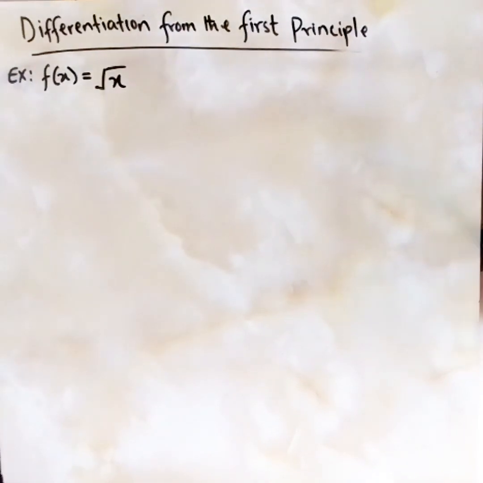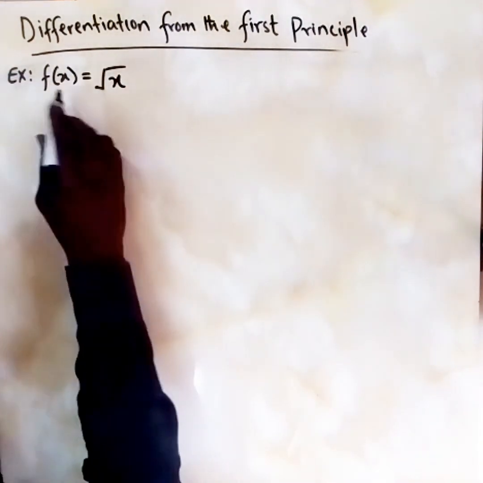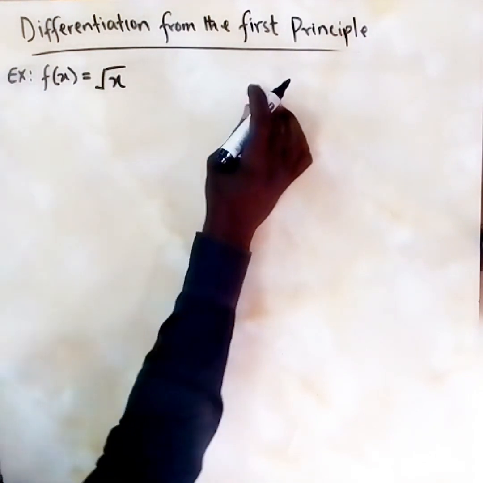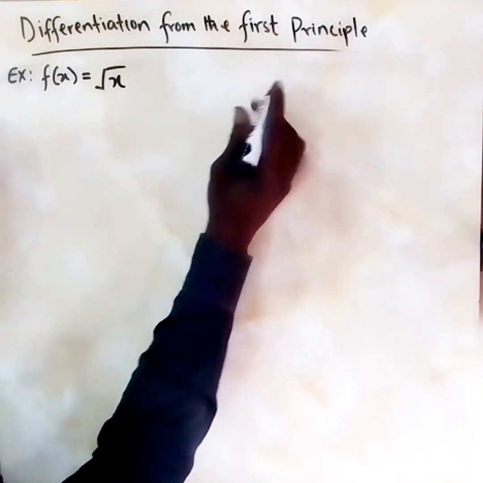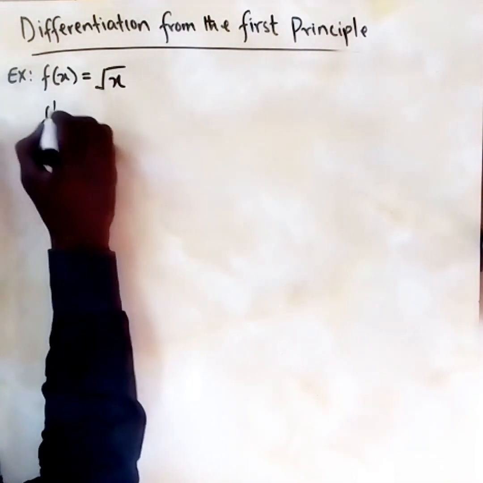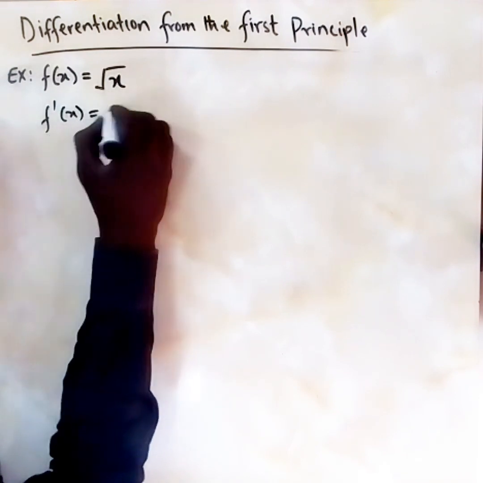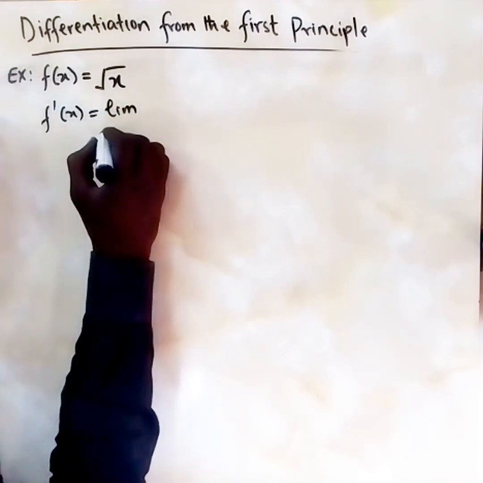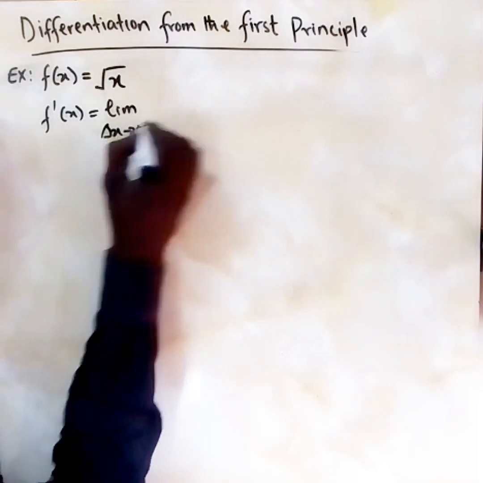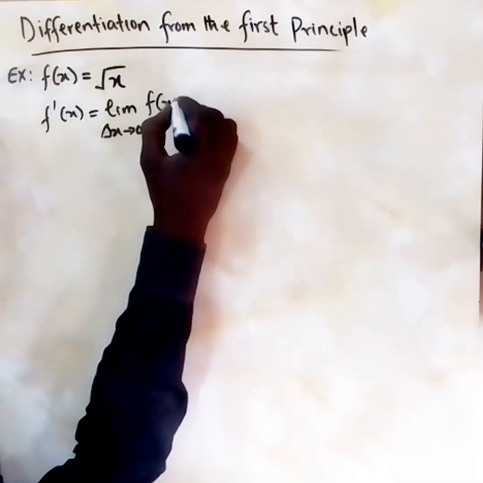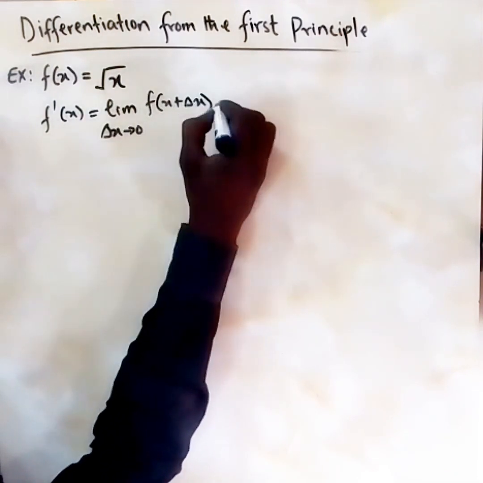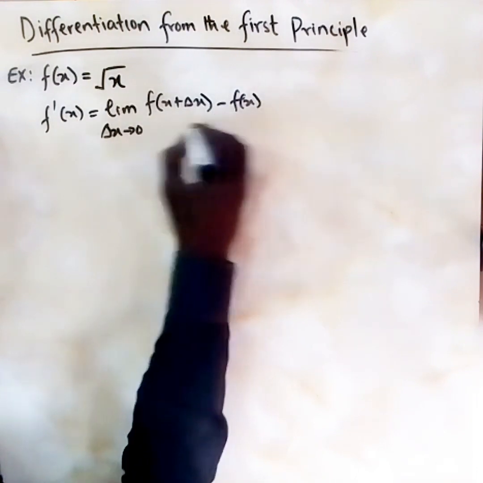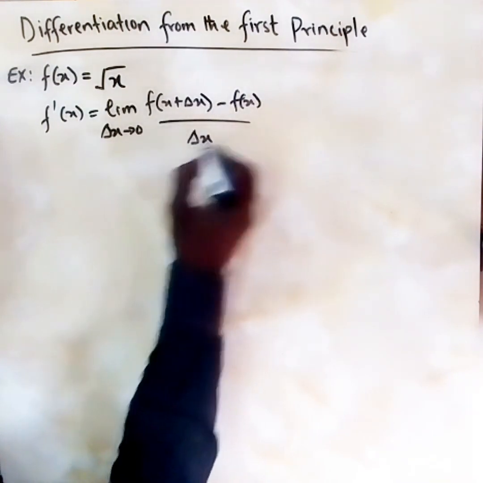In another example, suppose f of x equals the square root of x, and we are required to find f prime of x from the first principle. What we do is to also use the formula: f prime of x equals the limit as delta x approaches 0 of f of x plus delta x minus f of x, all over delta x.